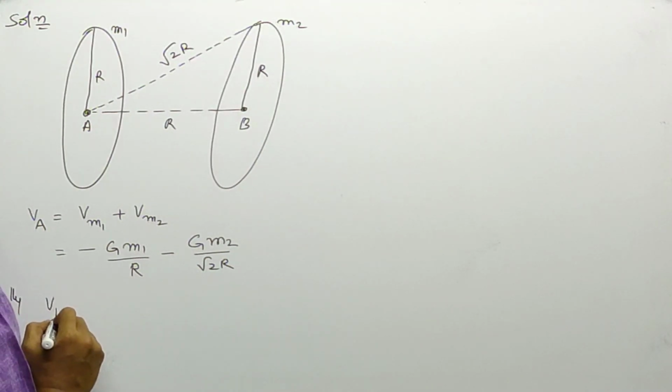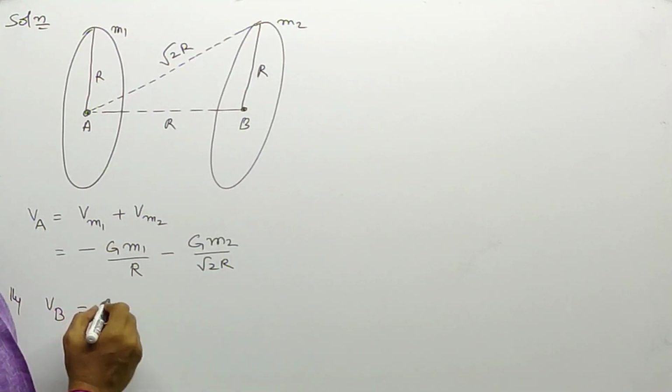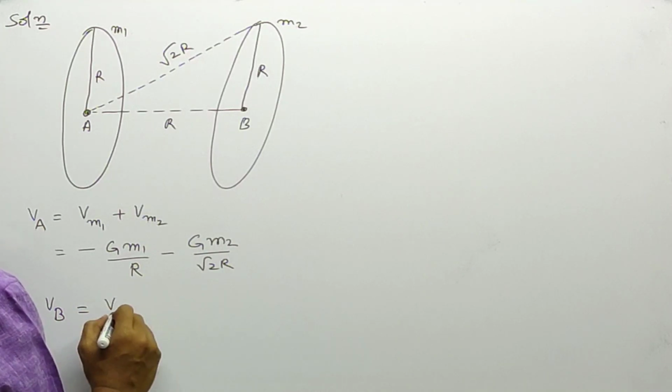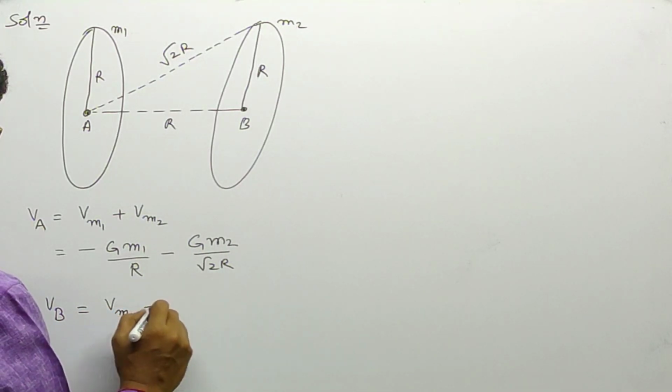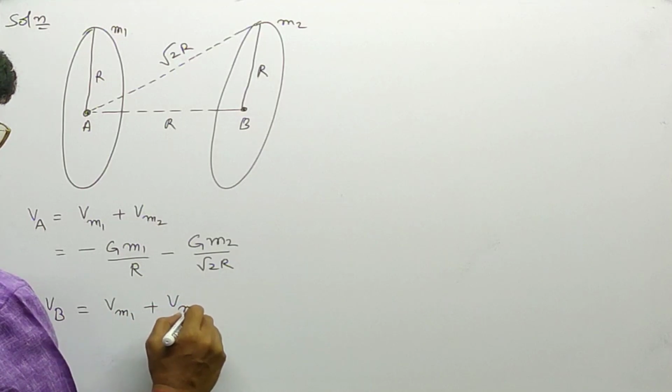Similarly, the total potential at B is equal to the potential due to M1 plus the potential due to M2.